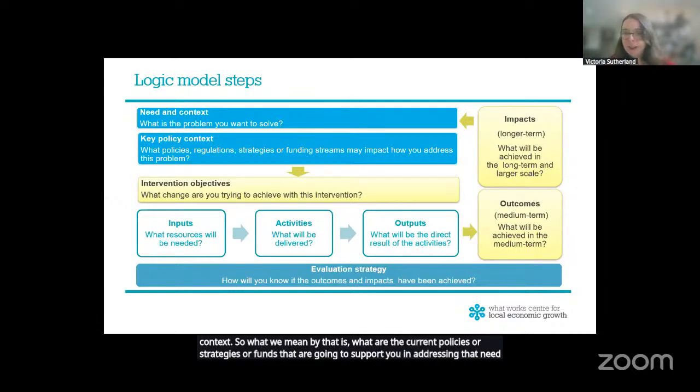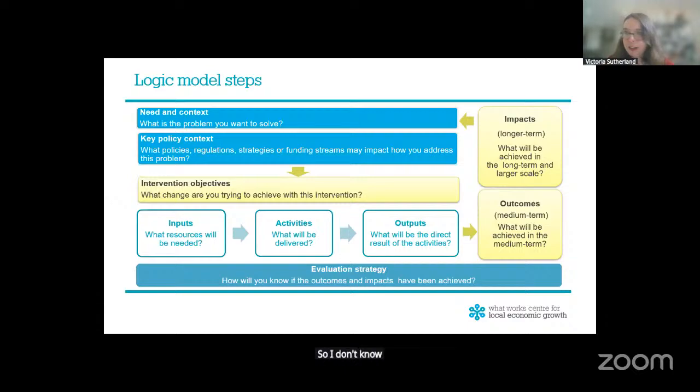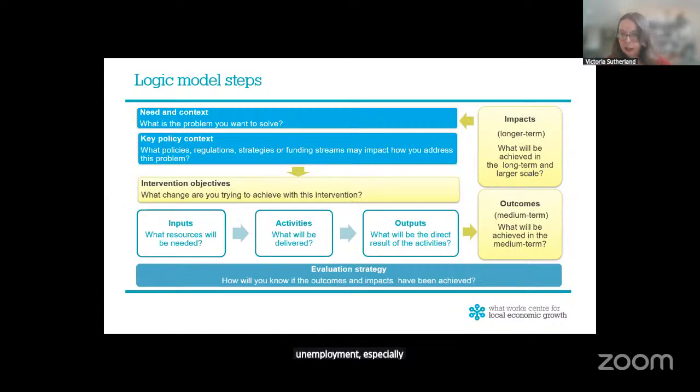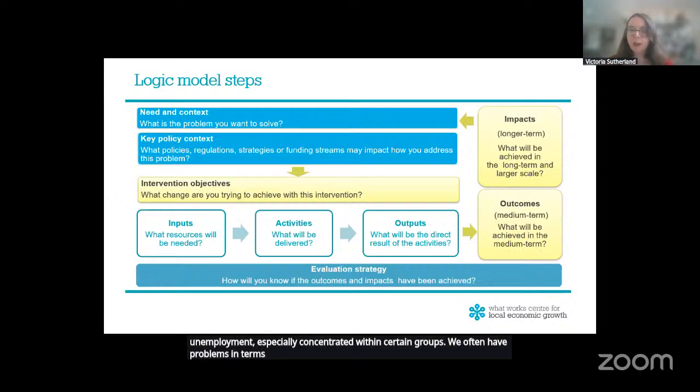So I don't know about people on the call, but I've been working in local growth policy for over 25 years now. And many of the problems that we face now are the same problems that we faced for that entire period. You know, so we have issues with unemployment, especially concentrated within certain groups. We often have problems in terms of business startup rates not being as high as we would like, or business growth rates not being as high as we like.